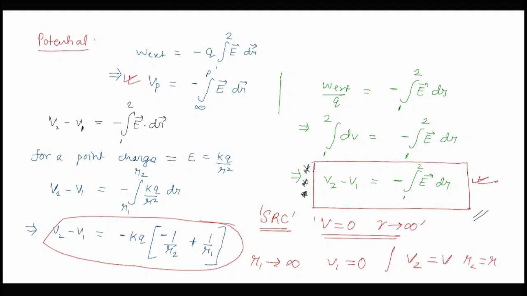If we substitute the value over here, then this value is going to become 0 and the two negatives will multiply together to give us a positive value, and we will obtain the potential at a point V due to a point charge is equal to kq by r. So this becomes the value of potential for us due to a particular point charge.